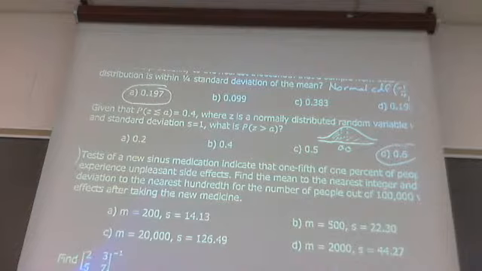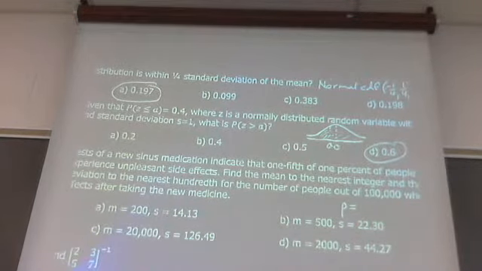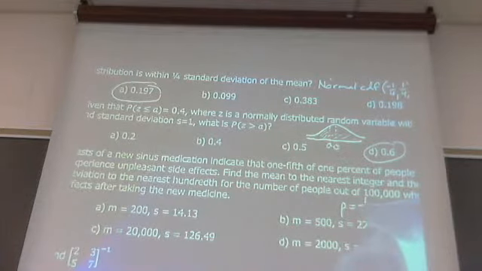Well, what's the value of the probability of success? We're calling success a person that has a side effect. That's what we're calling success. 1/5 of 1%.